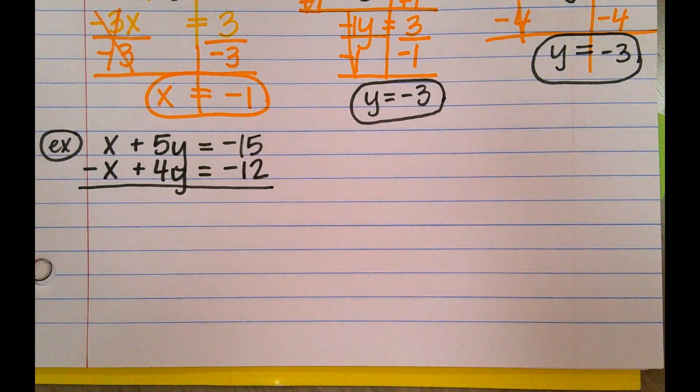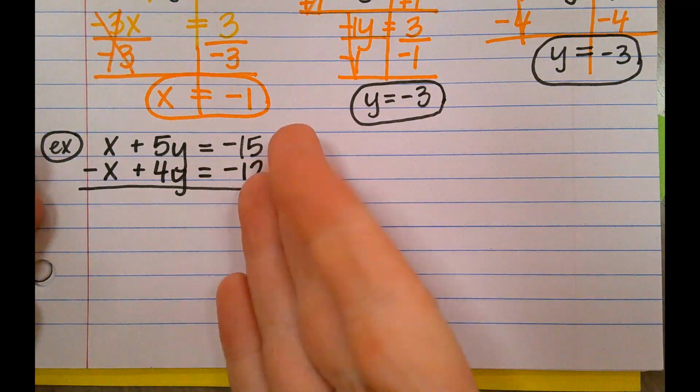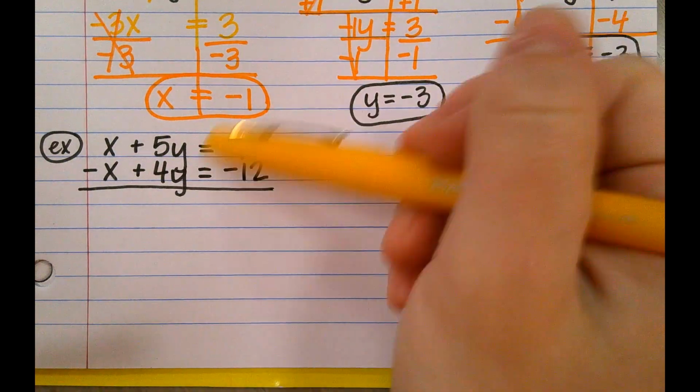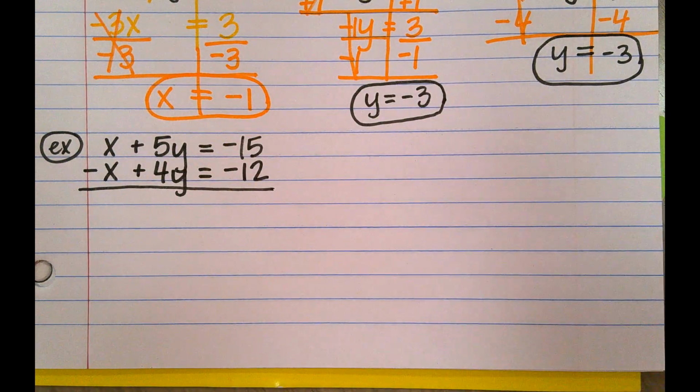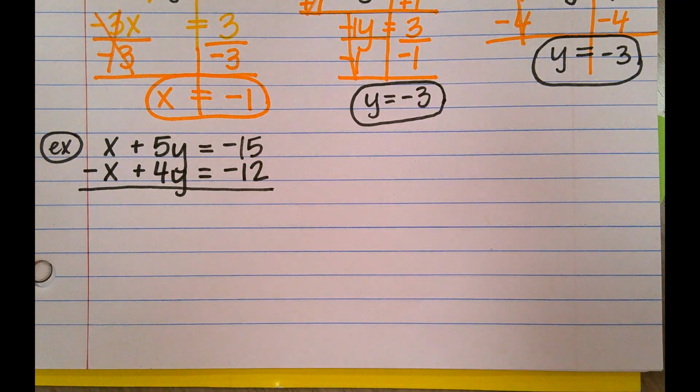So just like in the problem we did right above this, with elimination, your first step is really to just have your equations written on top of each other, and we're just going to treat it like a big addition problem. I'm going to add everything.